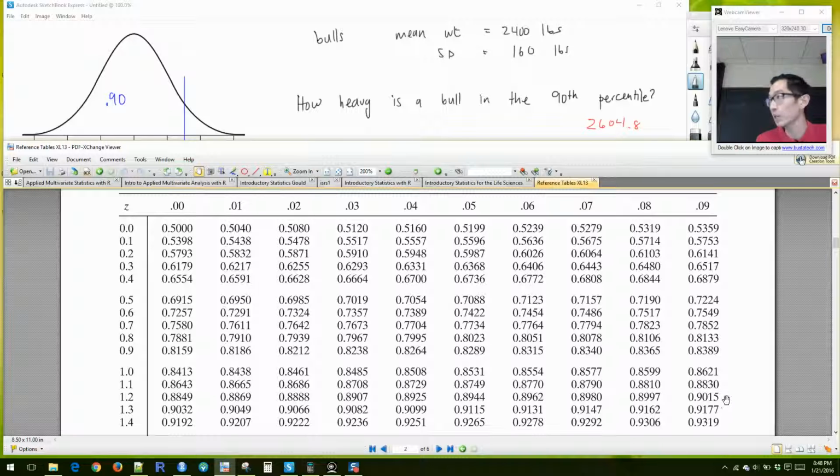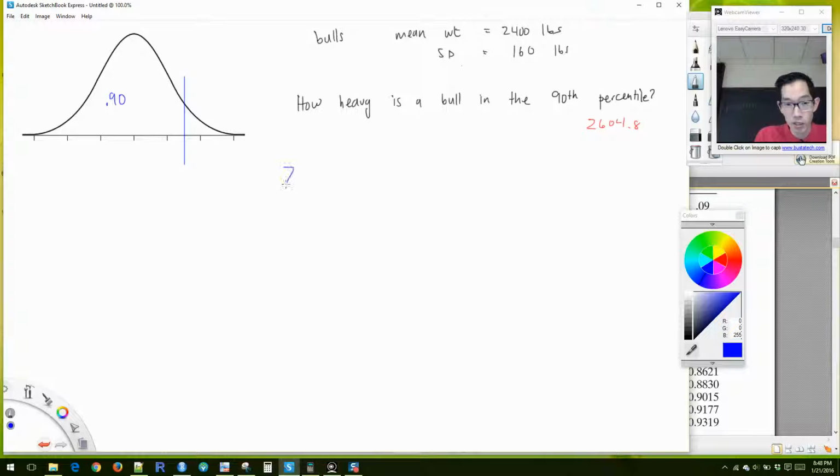There's 0.9015, 90% is in between these two numbers, but 0.8997 is closer, and so that corresponds to z equal to 1.28, because it's in the row 1.2 and the column 0.08. So z equals 1.28.